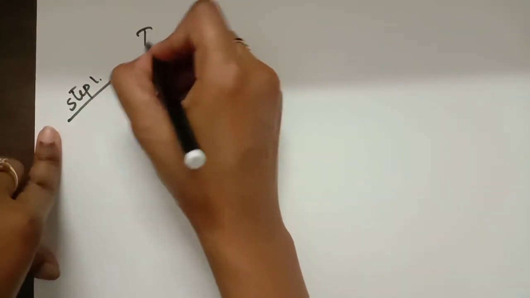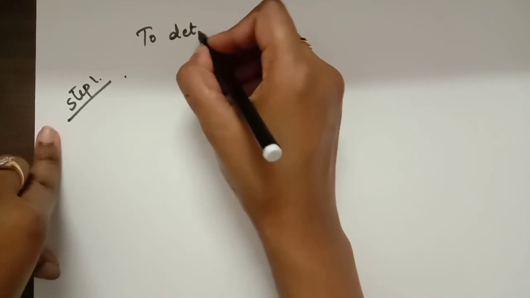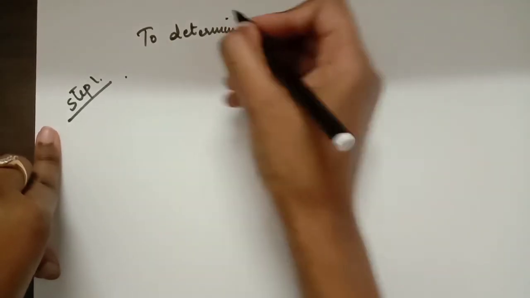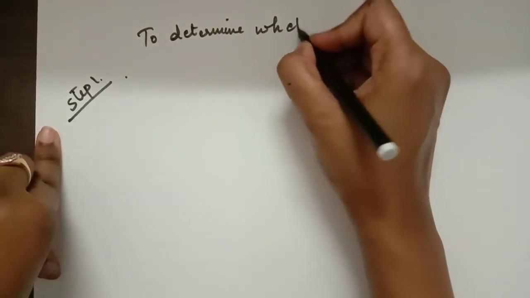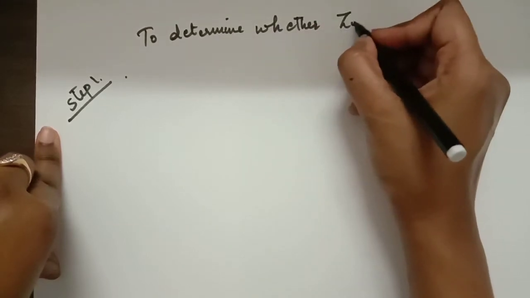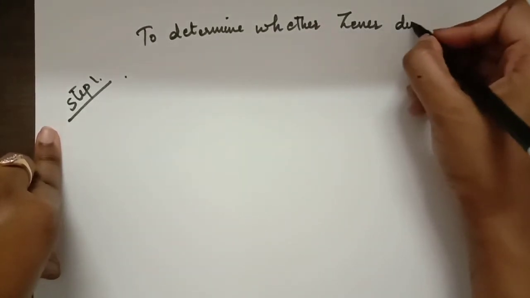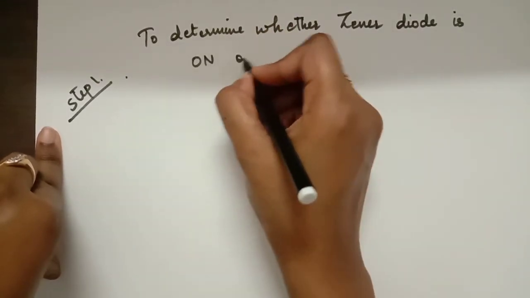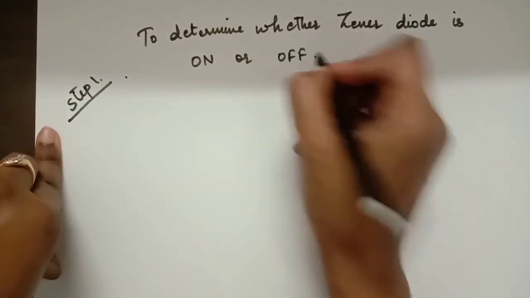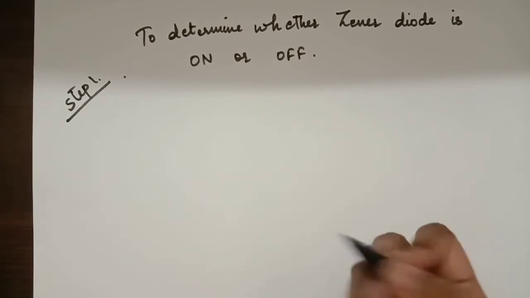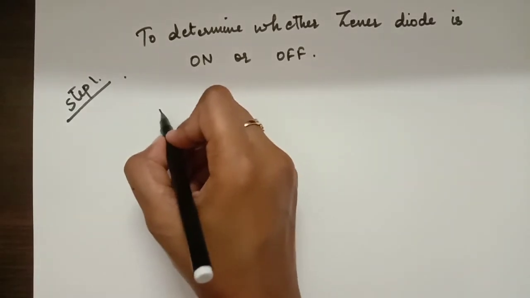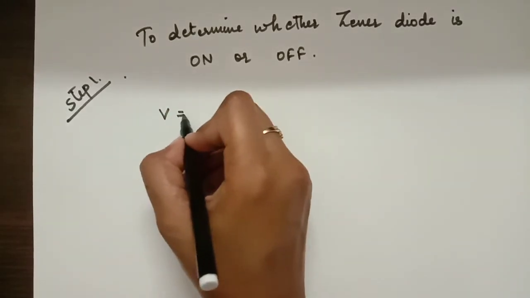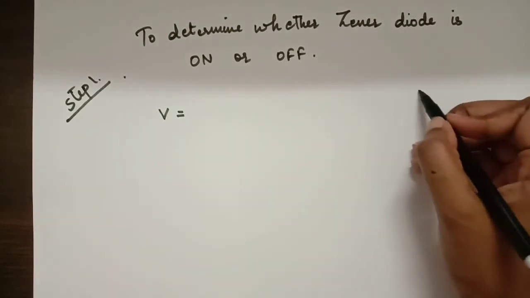Step 1 is to determine whether the Zener diode is on or off. And how do we determine it? By the voltage divider rule. So we need to calculate V. Shall I draw the diagram again?